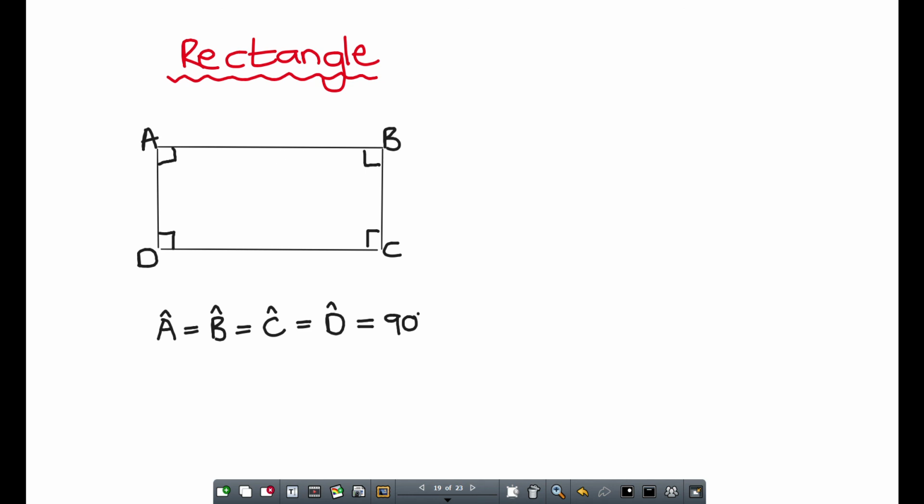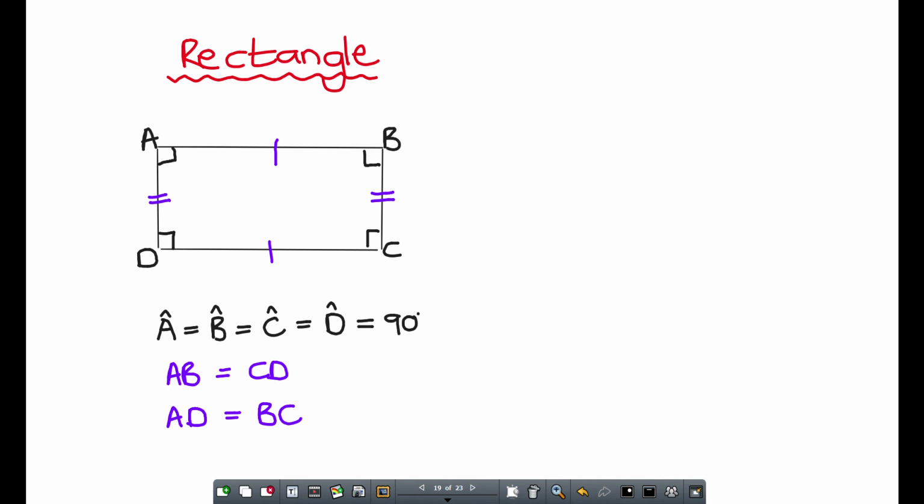Then, that side and this side is the same length. So AB is equal to CD. Then, AD will be equal to BC. You guys good with that?